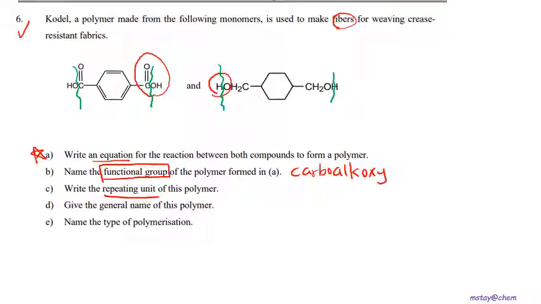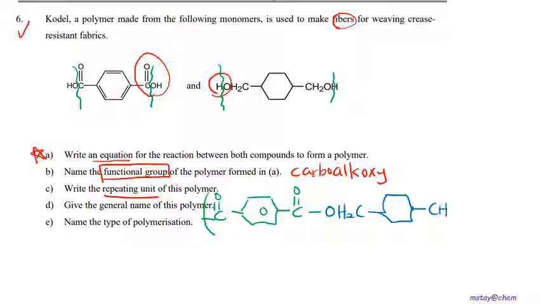The repeating unit will be a benzene ring connected with C double bond O, and this one also C double bond O with a hanging bond, connected to the O, H2C connected here, and then CH2O. So this is the repeating unit. Do remember not to put the n after the structure.